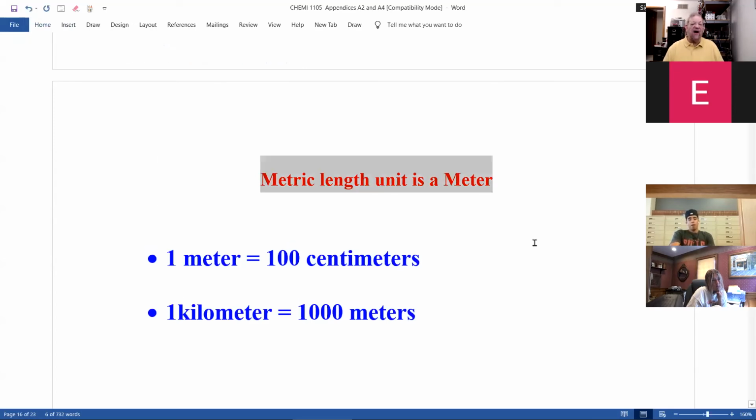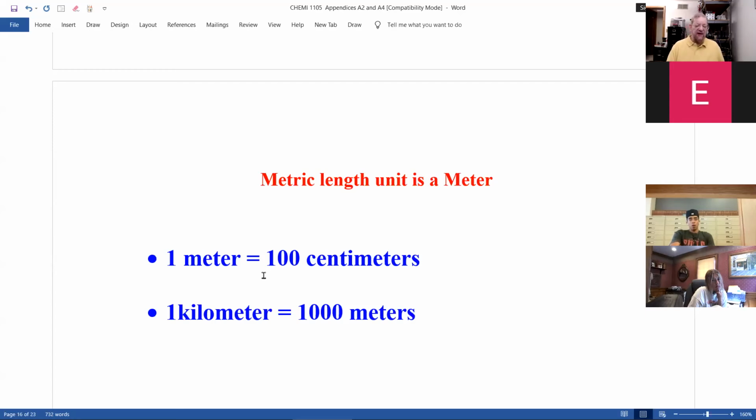All right, the metric unit for distance or length is a meter. I won't ask you to switch this off, but 1 meter equals 100 centimeters. Think of a meter as just a little more than a yard, the English method, and 1 kilometer is 1,000 meters.